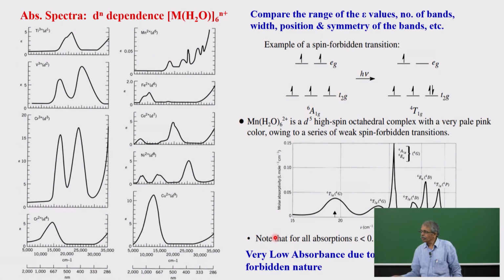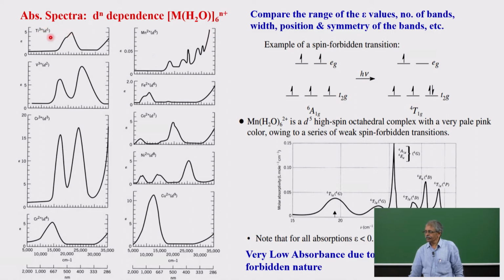So let us move on a little further. In the D transition elements you have D1, D2, D3, D4, all these kinds of configurations, and some examples are shown for aquo complexes, all of the type M(H2O)6 n plus.